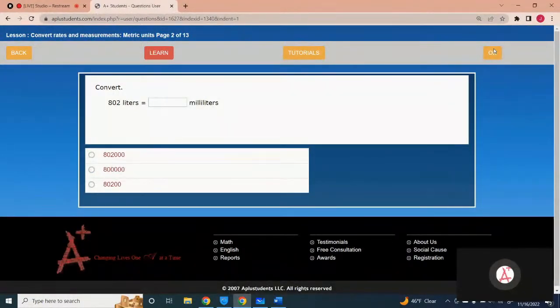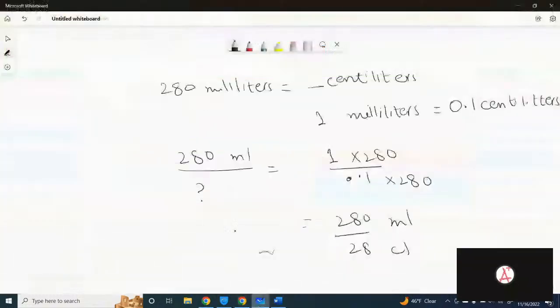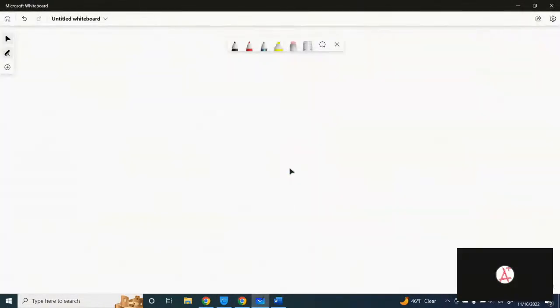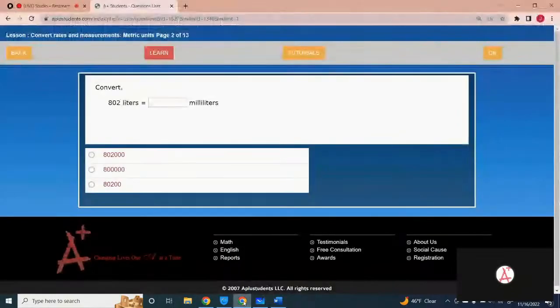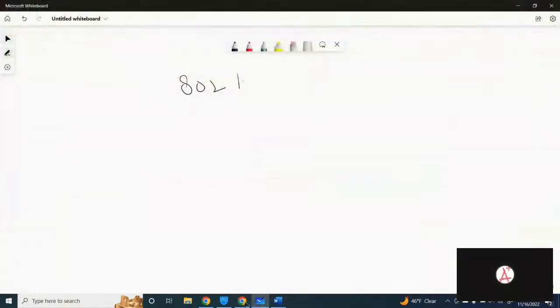Okay, the next one is 802 liters equals how many milliliters?